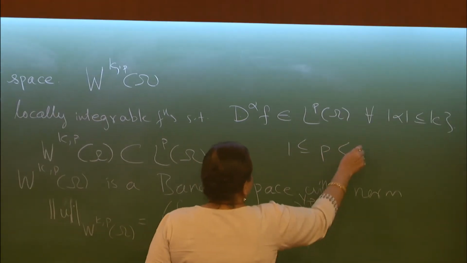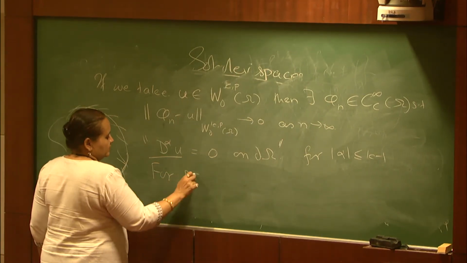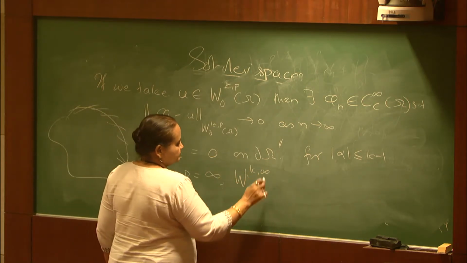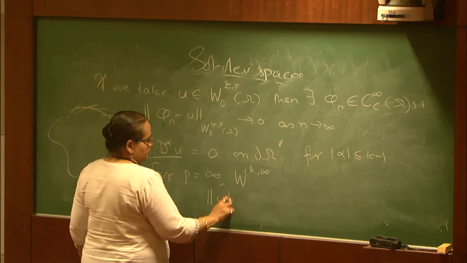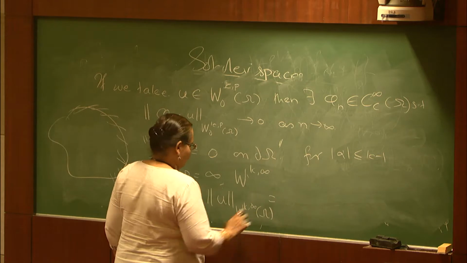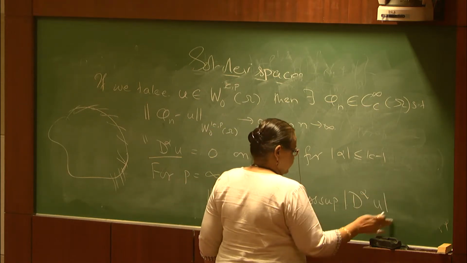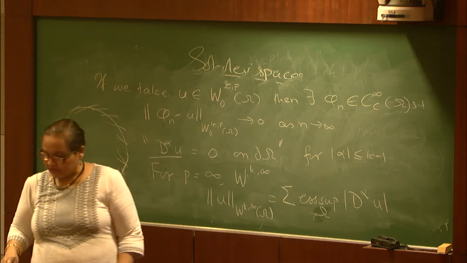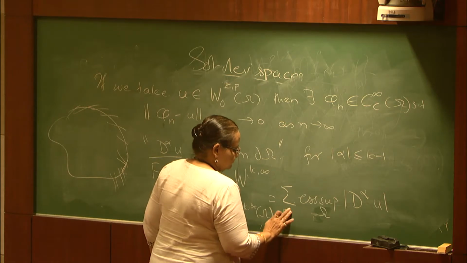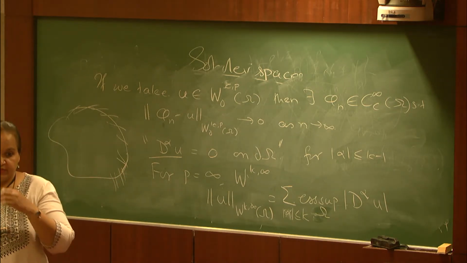This is for 1 less than or equal to p less than infinity, and just that we have L infinity for p equal to infinity of omega.